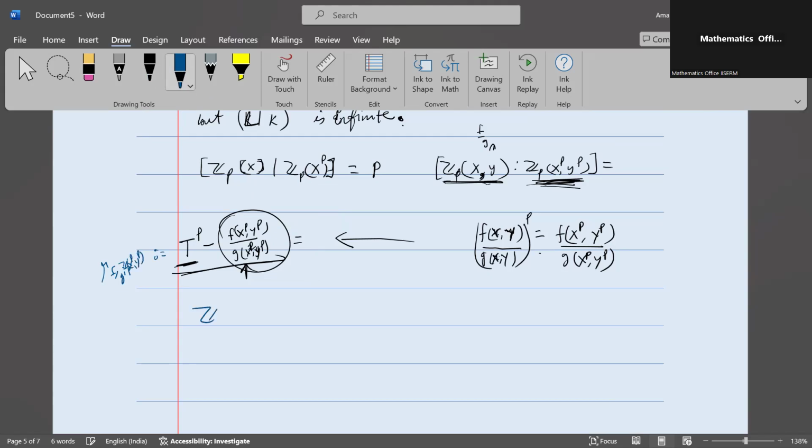Similarly, if you take L equal to Zp(T1, T2, T3, and so on), an extension with infinitely many variables, and if you take K equal to Zp(T1^p, T2^p, and so on), then here also L over K is algebraic.